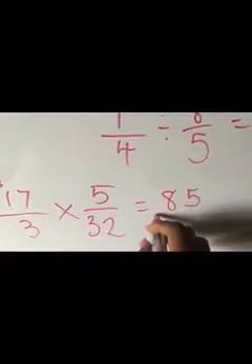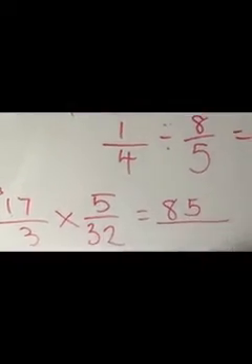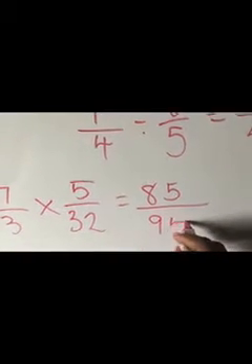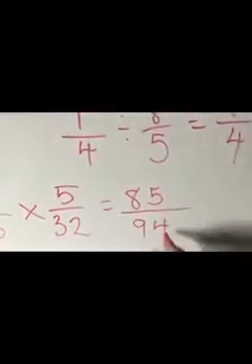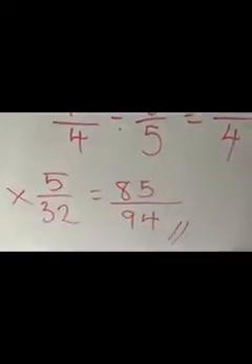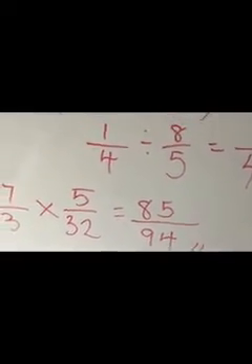That's 85 over 3 times 32 is 96. And nothing can go in both of them, so we leave it at this. So this is the final answer. So we move to number 10.